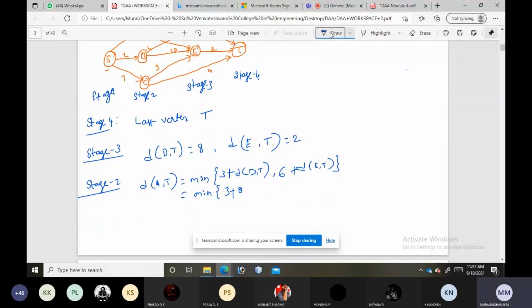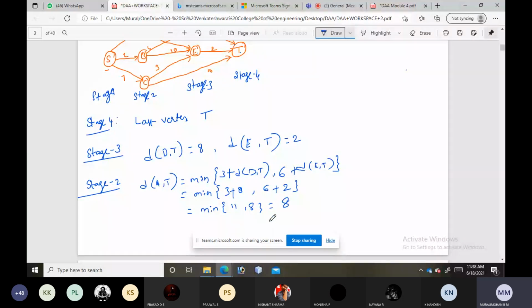Next step. Here 6 plus. What is d of e comma t? 2. So it is the minimum of 3 plus 8, 11, comma 6 plus 2, 8. So the result will be 8. Okay. Now we solved this A to T.